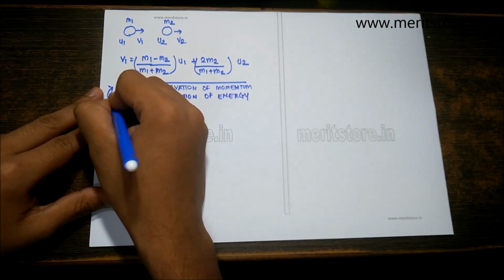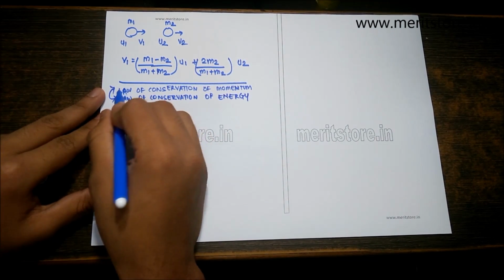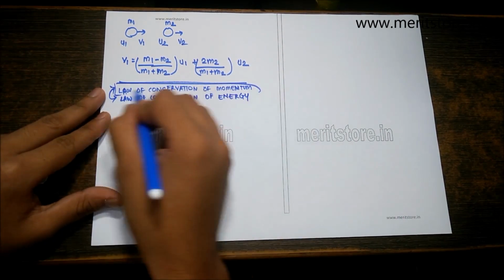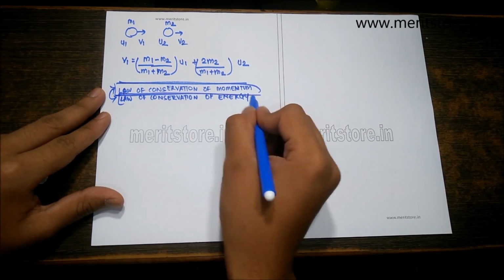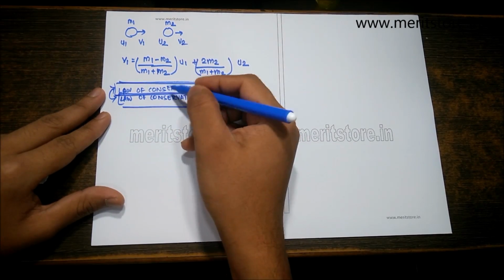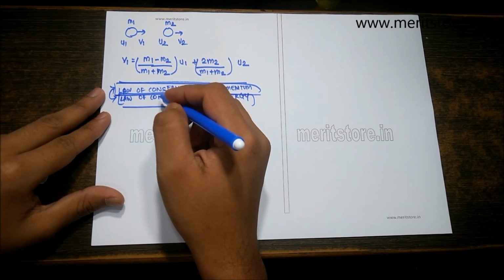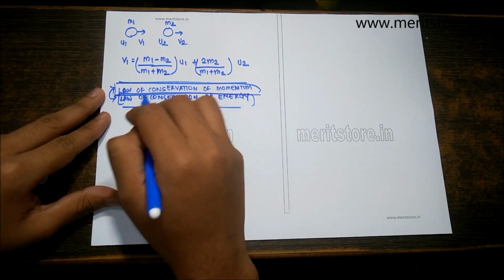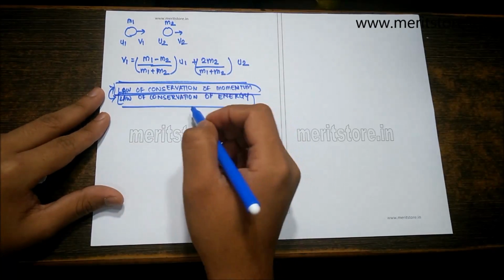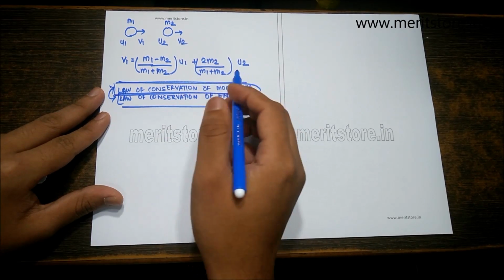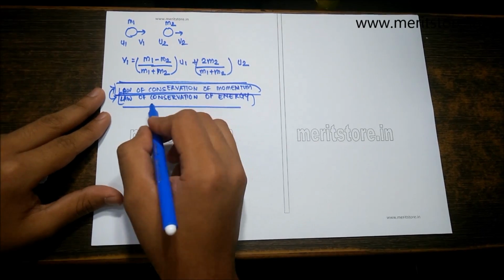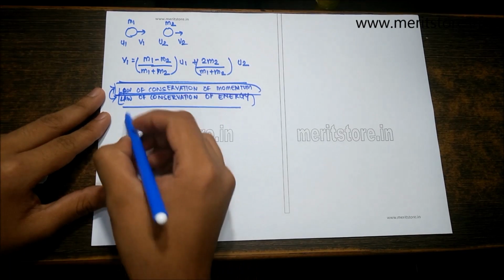So we equate these two laws. From the first law we get an equation, then from the second one we get another equation. Then we substitute values of v2 in terms of both in order to get a relation between v1, u1, u2, and the masses of the bodies. So we are eliminating the value of v2.